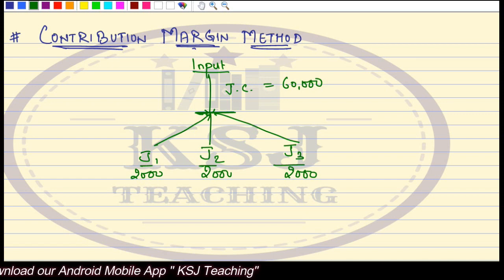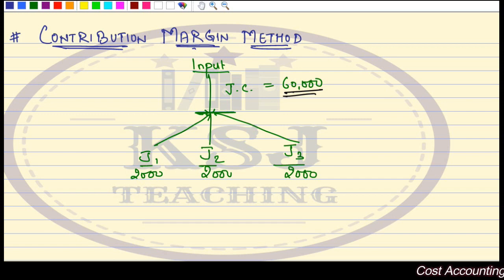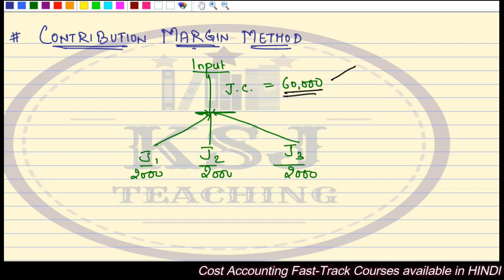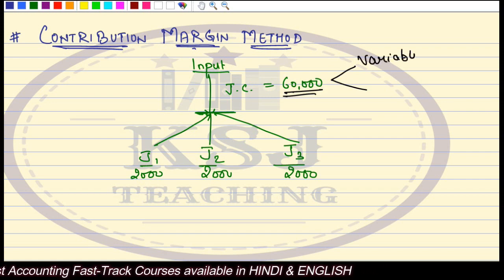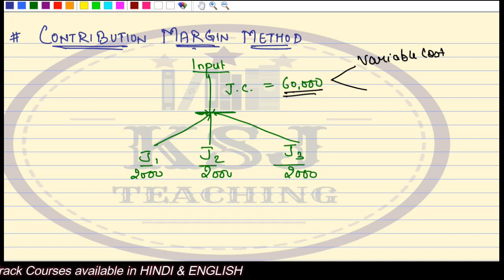Clear? Now this cost of 60,000 is the joint cost. This cost will always have two elements. One is going to be the variable element of this cost. We call it variable cost. The other element will be the fixed cost that we will have.